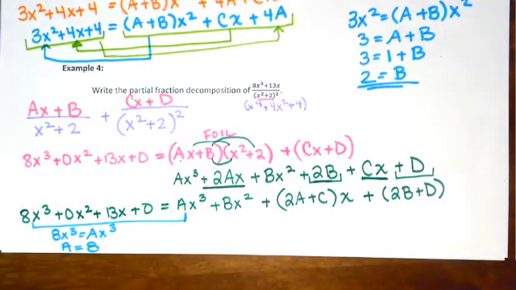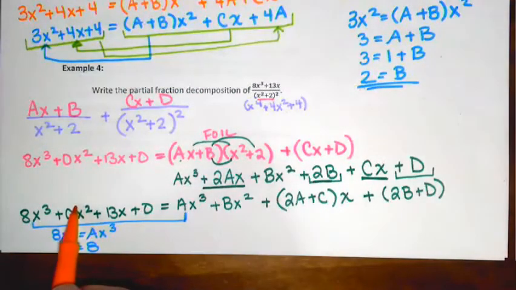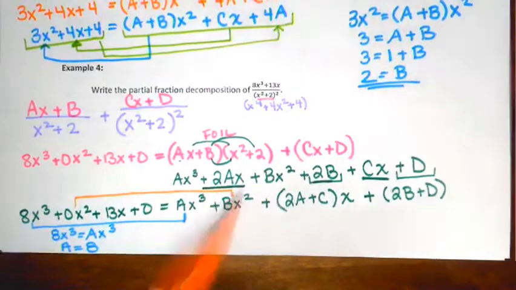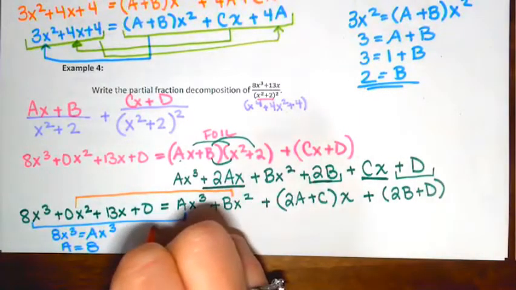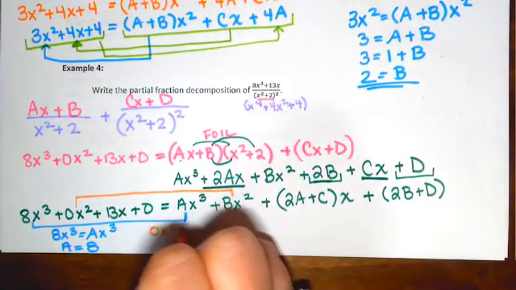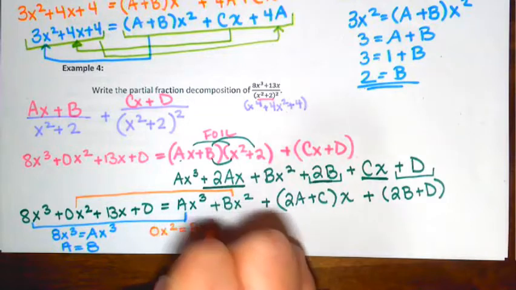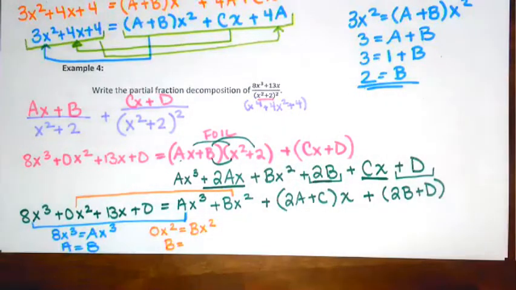A would equal 8. Okay. Hey, we have 0x squared. Isn't that the same as bx squared? So 0x squared equals bx squared. So what would b equal? 0. You guys okay with that so far?